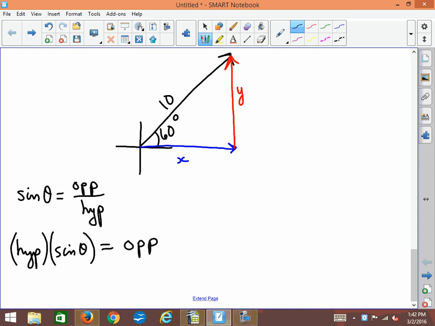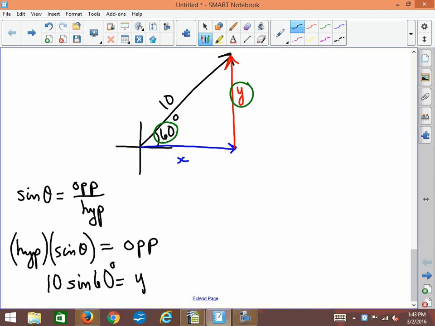If I look at my little angle, 60 degrees right here, the opposite side of that is y. So y is the opposite. So this becomes y. The hypotenuse is 10 and the angle is 60 degrees.